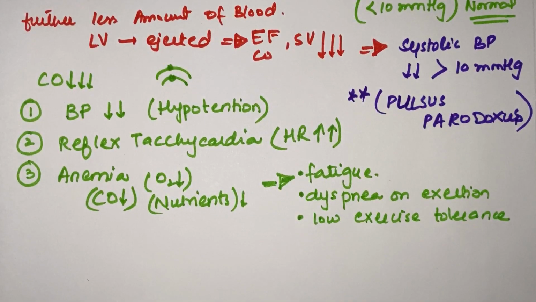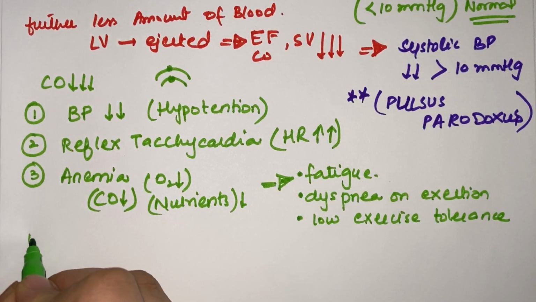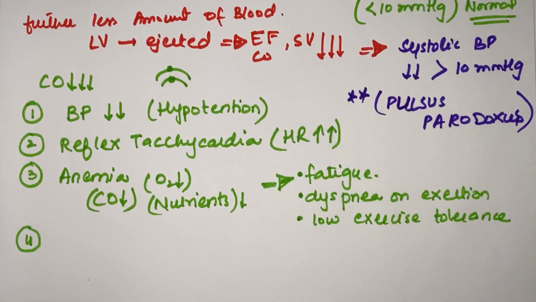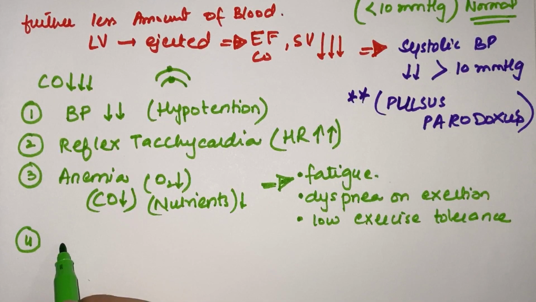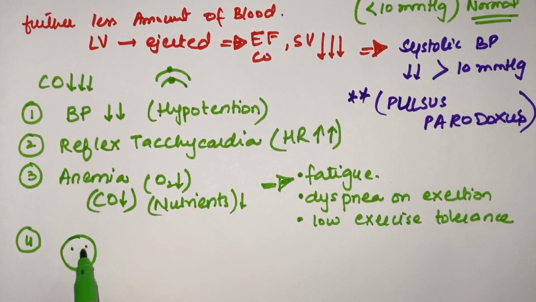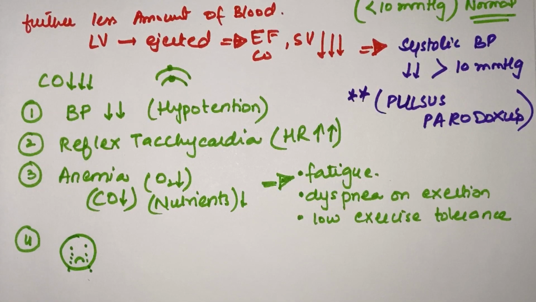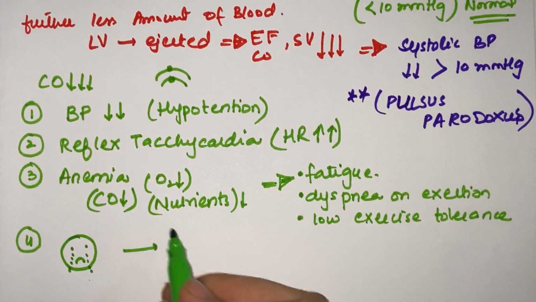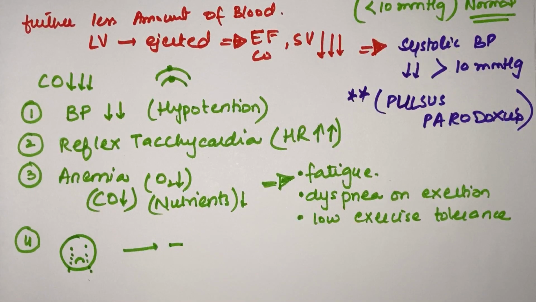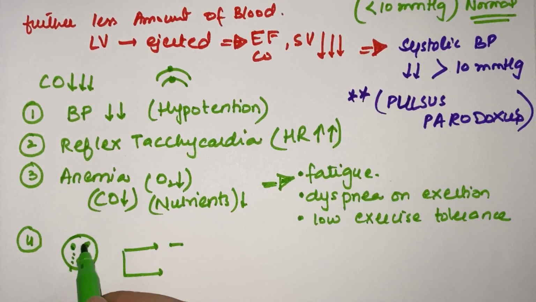Now these are the signs and symptoms that appear. As we know, it's a very basic concept that whenever there is less oxygen, the whole body is crying, like suppose this is my whole body and it is all crying, please give me more oxygen and nutrients, I badly need them. So as a reflex to it, first of all, we have only two organs in our body that can provide enough oxygen to the body.